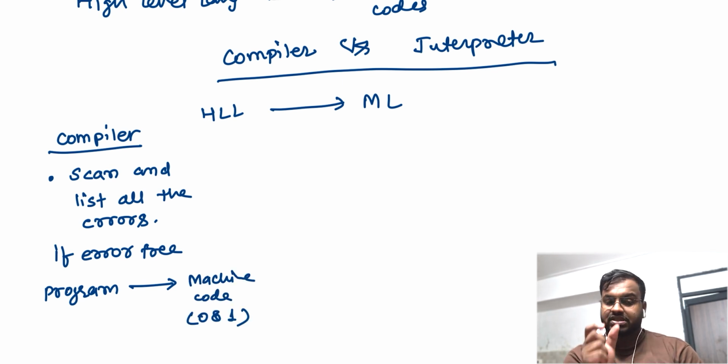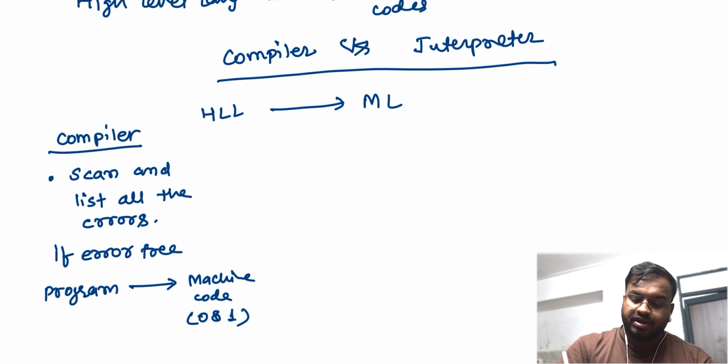The compiler will first scan your program and list down all the errors. So please fix your errors. This may be a syntactical error, or there are many types of error. If there is any syntactical error or if you have missed anything, then it will show you the error on the console. Then you will fix your error. And if your program is error free, then it will convert the entire program into machine code.